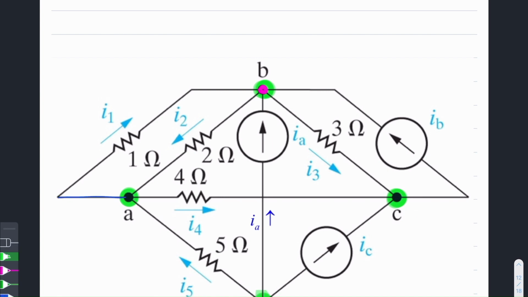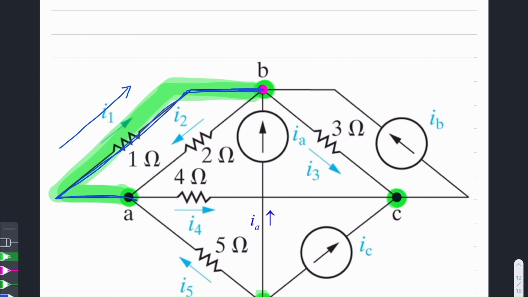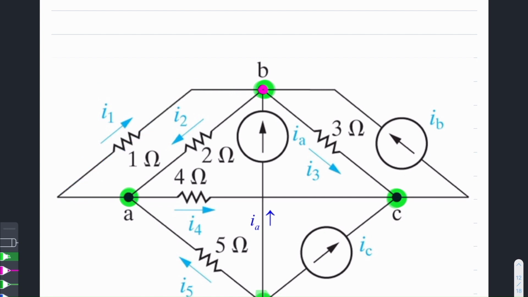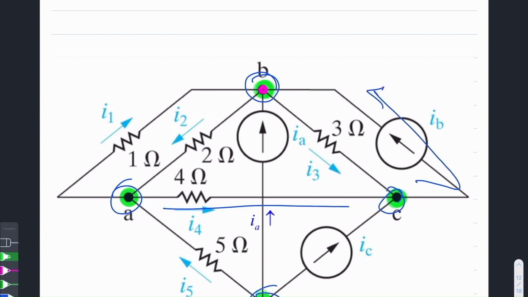You see a connection between these two nodes right here. Okay, that represents a branch, and the amount of current flowing through this branch, through this resistance here, is one of the variables we want to find out. So once we know all the node voltages and all the currents flowing through the different branches in the circuit, then we say we completely solved the circuit.